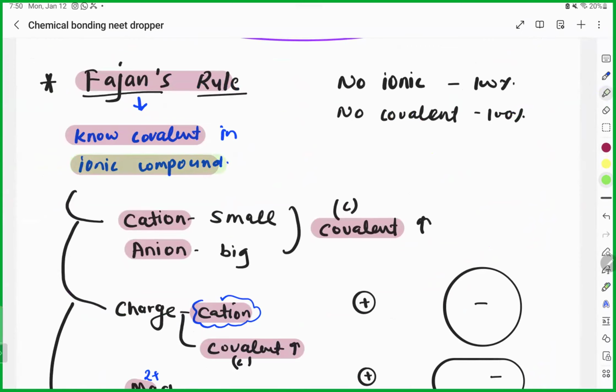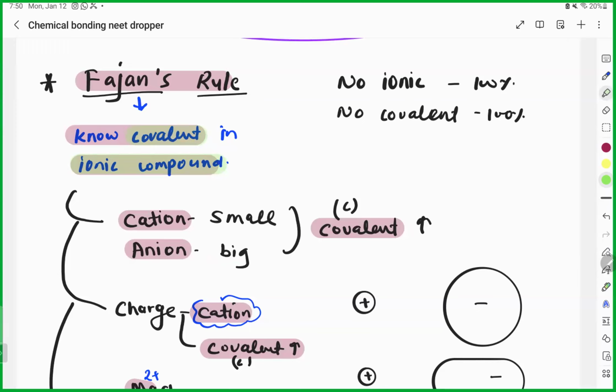So whenever you take a majority ionic compound, there will be some percentage of covalent nature also. It's like no person is perfectly right, no person is perfectly wrong. Majority of people are good with some percent of bad nature. Same thing: good behavior is ionic and some part covalent means evil nature.